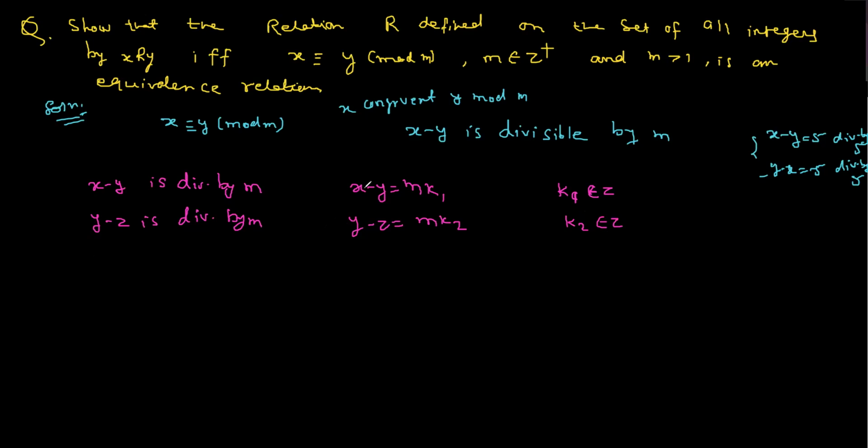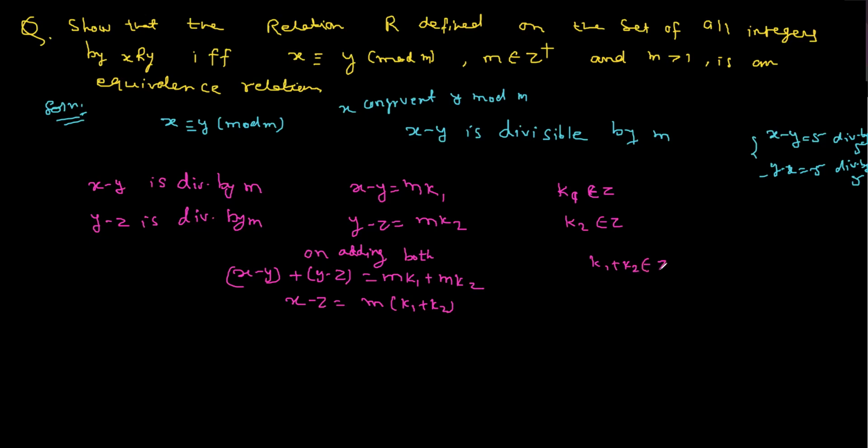Then suppose you are adding those terms: m k1 plus m k2. Minus y plus y cancel. Take m common from the right hand side. Sum of two integers is also an integer. Let's suppose this is k, so k belongs to Z. So x minus z also comes in this form, right?